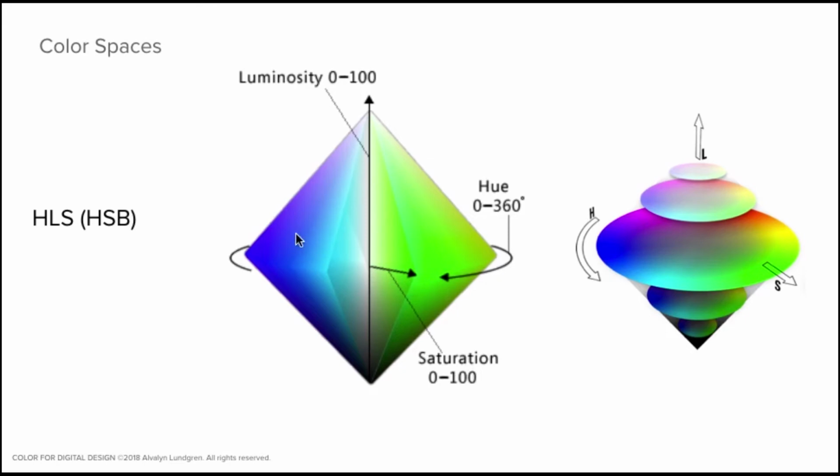And so the idea is that hue revolves around concentrically, luminance is a vertical understanding, and then saturation, the more saturated colors are radiating out from the center. The center is desaturated or neutrals. The perimeter is fully saturated color.